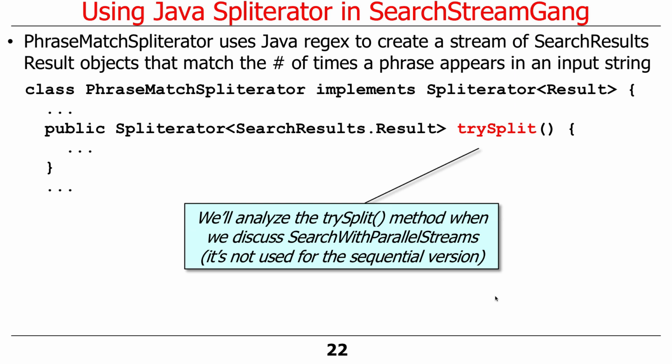So those searches take place in parallel relative to each other. So that's what try split is used for: to partition the input into many smaller chunks that can run in parallel, using try advance on each of the chunks that are left over. So try advance is called when the chunks get to a certain small size, but all those different calls can run in parallel. And we'll talk more about that when we talk about parallel streams. So we're not going to talk about that right now. But that's the other piece of this.